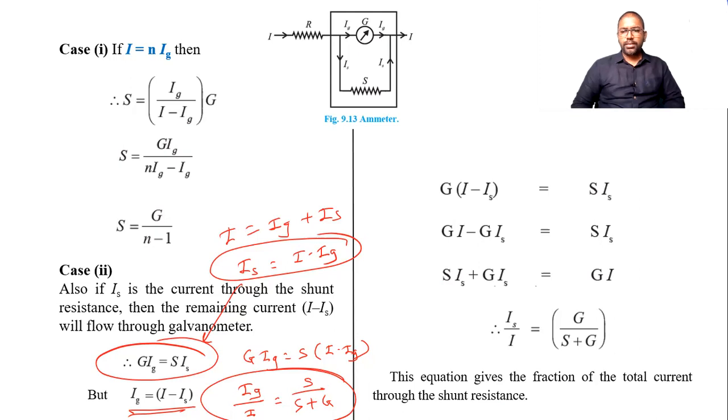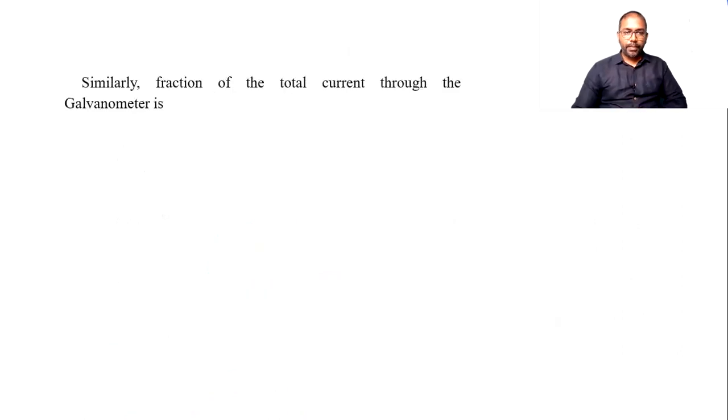You can do the similar steps: multiply S into I, S into IG, and then write IG by I. It is written on the next step. So in a similar manner, for the fraction of current passing through the galvanometer we get this formula.